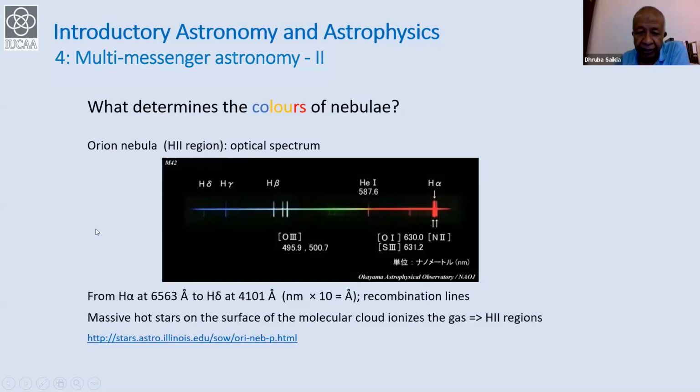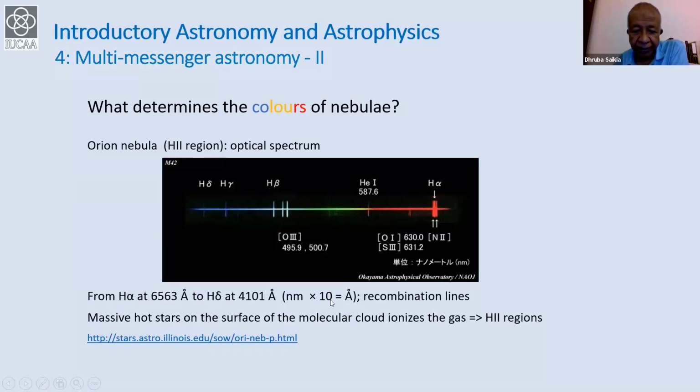This is an actual spectrum of an object, and I've given the references for all my slides below, so you should be able to look at them in greater detail when you like. And this is H alpha over here, okay? This is given in nanometers. H alpha, which I just mentioned, 6563 angstroms, to H delta over here at 4101 angstroms.